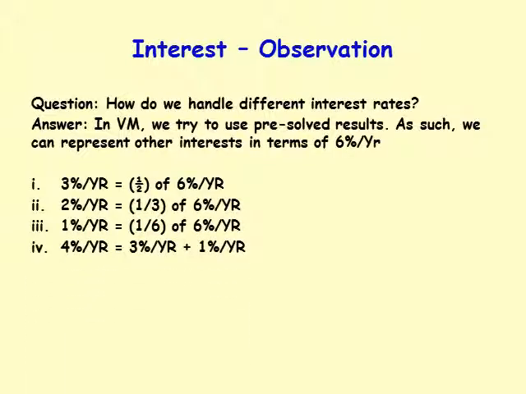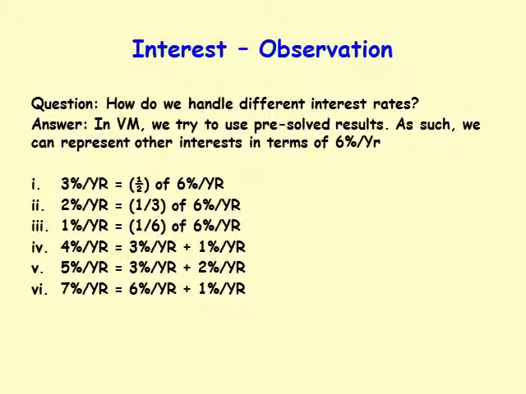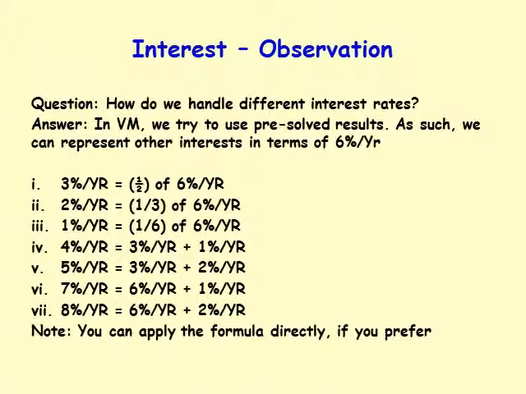And 4% would be 3%, which is half, plus 1% a year. And 5% per year would be 3% per year plus 2% per year. And 7% per year would be 6% per year plus 1% per year. And 8% per year would be 6% per year plus 2% per year.